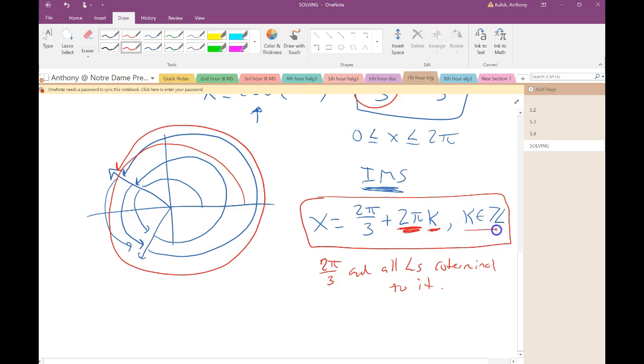This k, we're saying, is an integer. What are the integers? Positive or negative whole numbers. So if k is 2, we're going around twice from 2 pi. If k is negative 5, we're going 5 times around in the reverse direction and still ending up back there, right? So that's all that's saying.